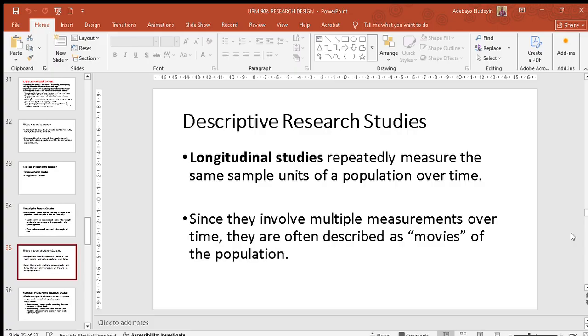For longitudinal studies, in this case we have repeated measurement of the same sample. Maybe you study Obafemi University across board at a particular time, then you do it again. So you can actually do it for different times. Here we said it involves multiple measurements over time. So rather than the snapshot that we call the cross-sectional, we call this one the movie of a population, because it's something you can stream, something that works over time.